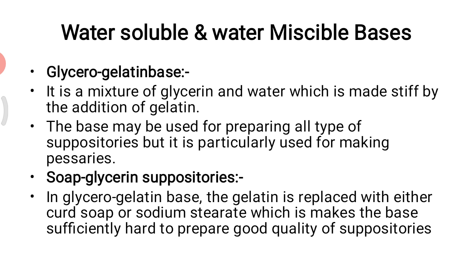Under this point they say there are three examples: glycerogelatin base, then soap glycerin suppositories and polyethylene glycols. In glycerogelatin base, it is the mixture of glycerin and water. In soap glycerin suppositories, the gelatin is replaced with curd soap or sodium stearate.